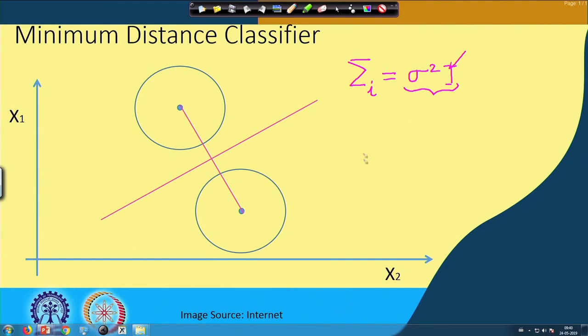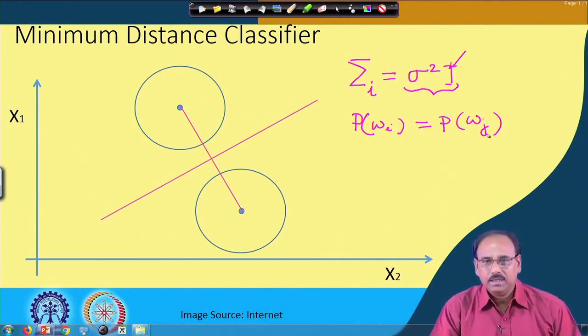Under this, and when the a priori probability of the classes p of omega i was equal to p of omega j, we found that the decision boundary between the classes omega i and omega j was a linear boundary.